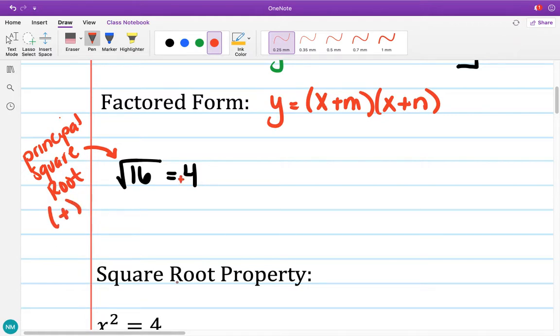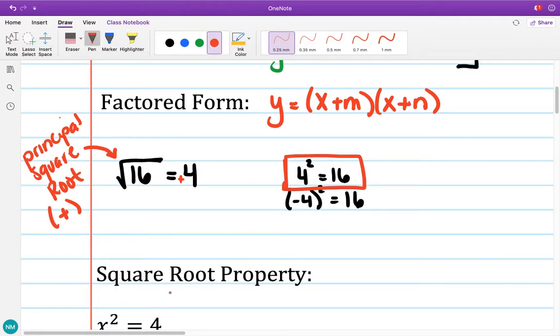I only get +4. However, what I'm really asking here is what squared gives me 16? Because 4 squared equals 16. But doesn't -4 squared also equal 16? Well, when I have this symbol, it means just the positive square root. So that's why I only give this.